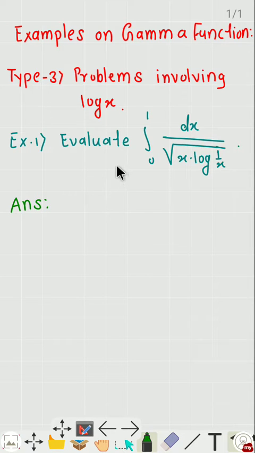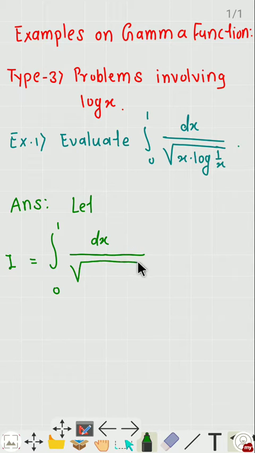We write here, let I be the value of integration over 0 to 1 dx upon square root of x into log 1 by x.